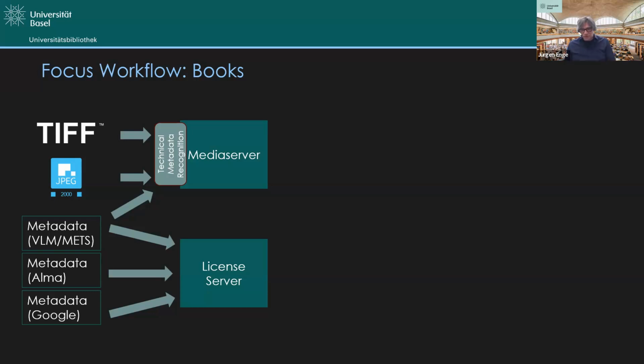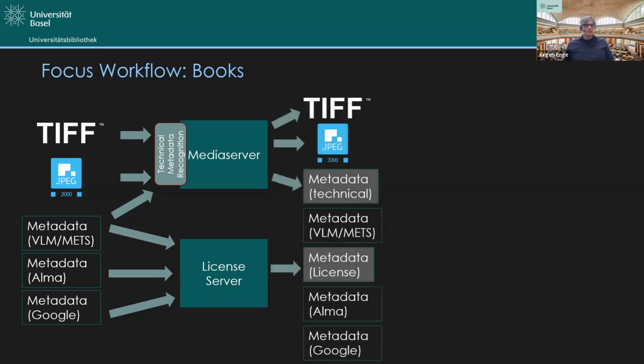And if we really don't know, we really want to know that we don't know, so we don't have any object where nobody has thought about what it means. So after these two services, we have two more metadata sources, the technical metadata and the license metadata.